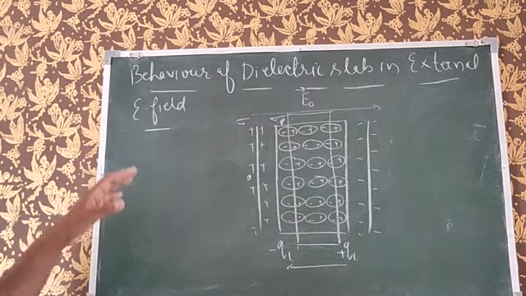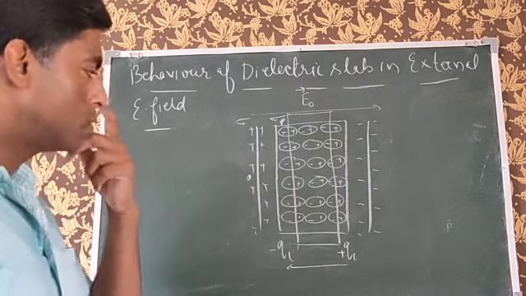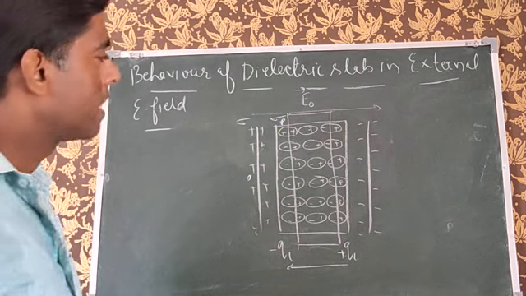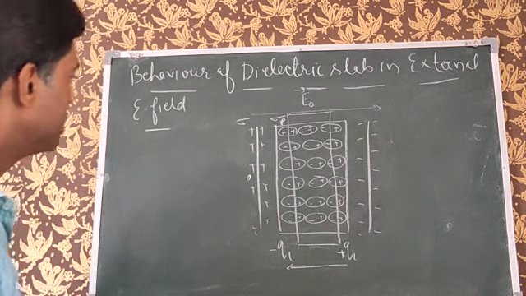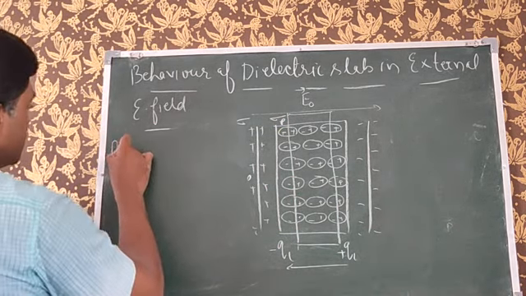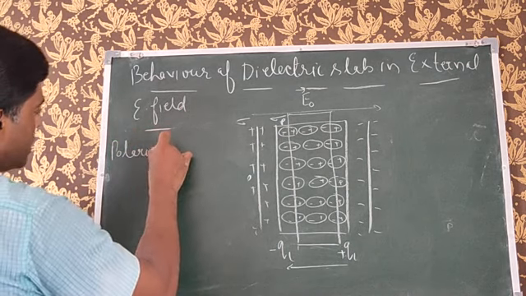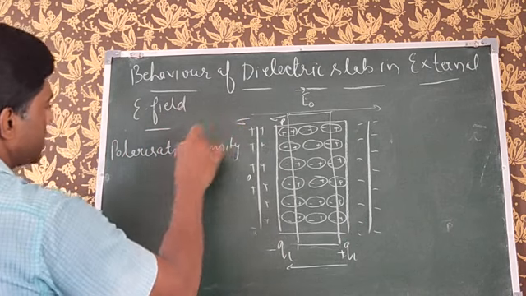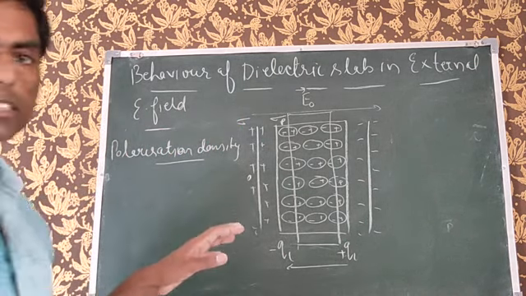Now we have learned about the reduced value of electric field which is produced inside the dielectric slab. Now we will learn about the polarization density, that is, what is the polarization density of the dielectric slab placed in an external electric field.